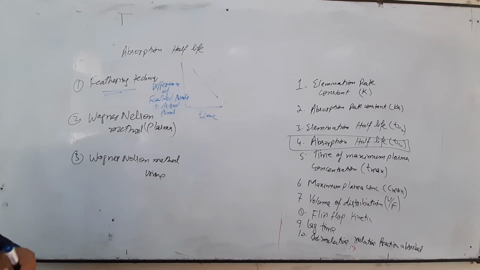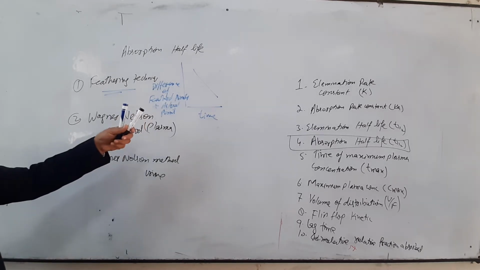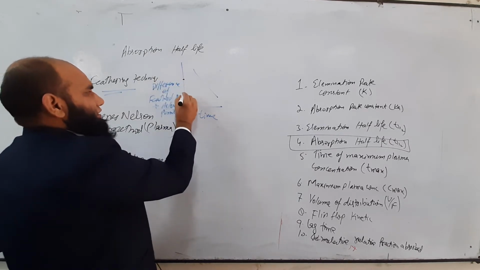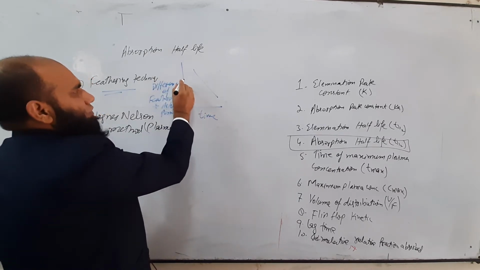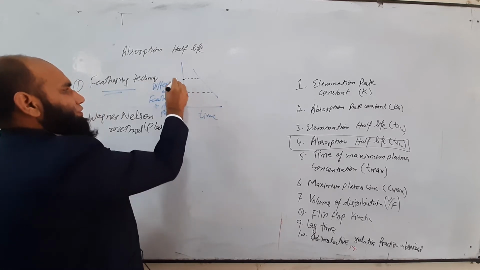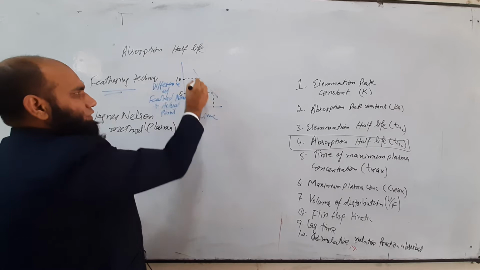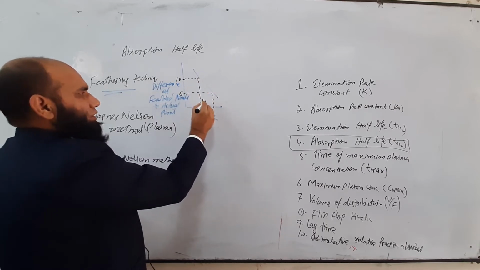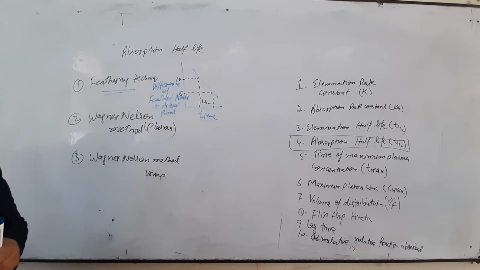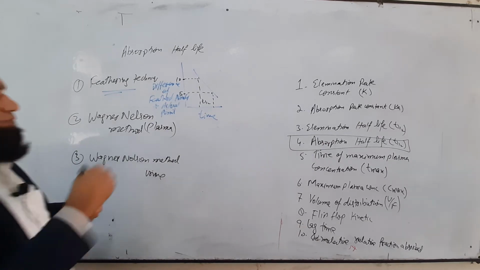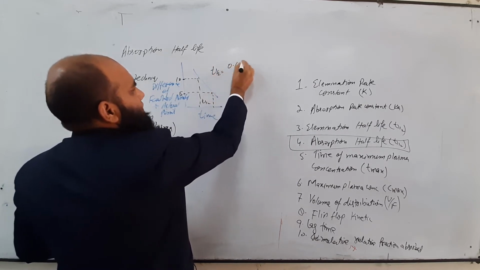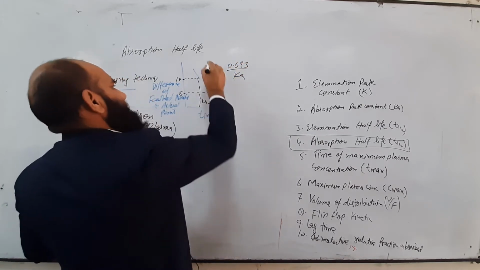That is called absorption, and here we calculated the K, that was the absorption rate constant. When we want to get the half-life from this, we will first extrapolate the two exact point values. For example, one is 5, another is 10. Then we will take the difference of time. That time would give us the absorption half-life, method 1. Another method is from this, we can check T half is equal to 0.693 over Ka. Another way.